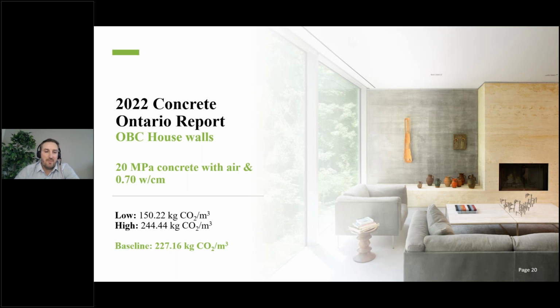So it's definitely a mix we needed to include as part of this report, not something that was reflected previously in the CRMCA report. And you can see the lowest impact for this mix design would be about 150 kgs of CO2, and it goes all the way up to about 244 with the baseline set in between for this one.